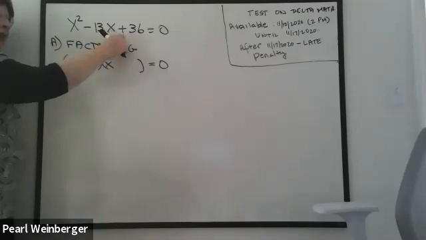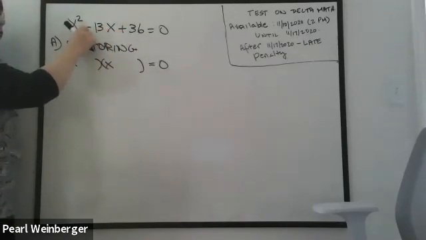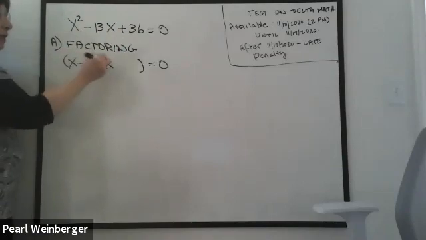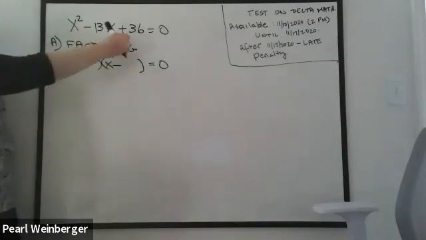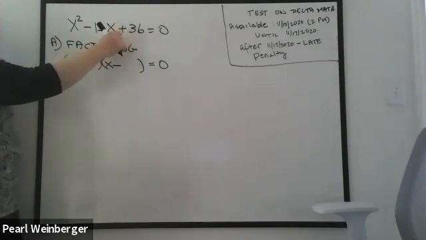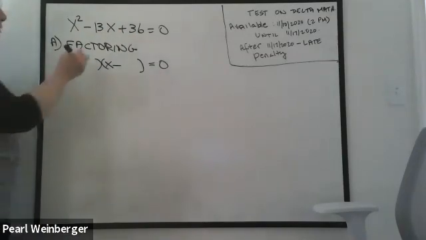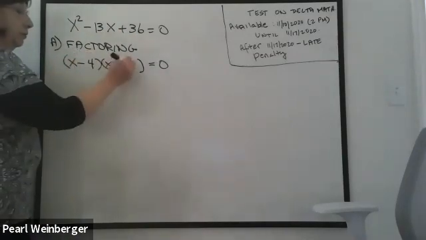I look at the final term: it's positive, which means both signs have to be the same. And since the middle term is negative, both of these signs are going to be negative. We're looking for two numbers that multiply to 36 and add to 13. I think everybody might realize that those two numbers are 4 and 9.